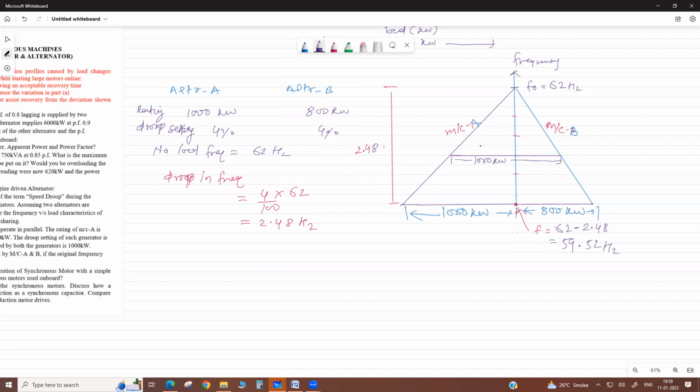Then let machine 1 share X kilowatt. Then how much will this machine share? 1000 minus X, this machine will share. And let us say at this point the frequency is F. Now here to here, now this here to here. What is the drop? This height?